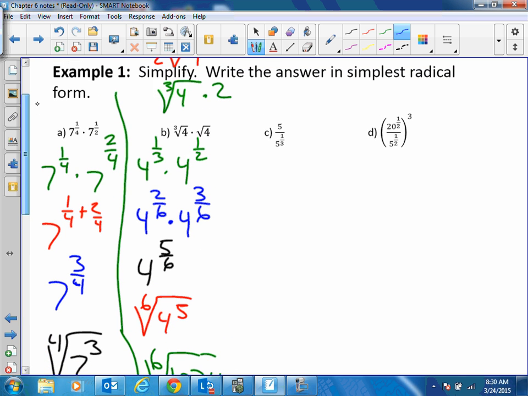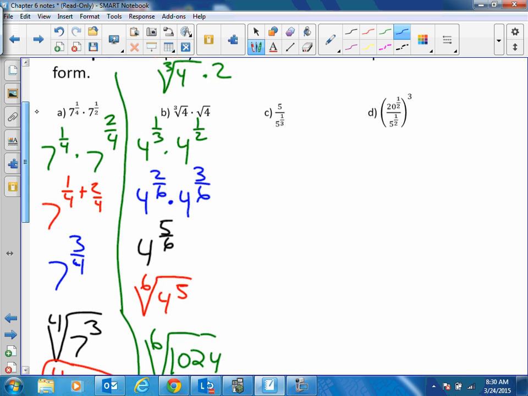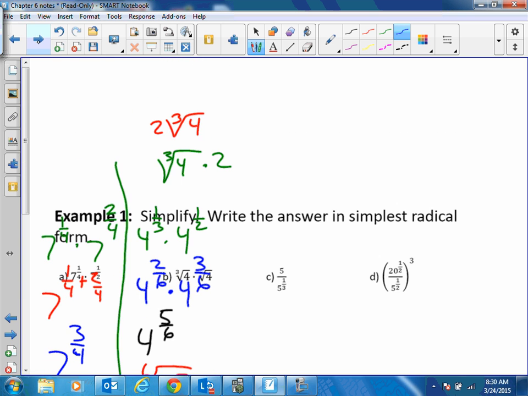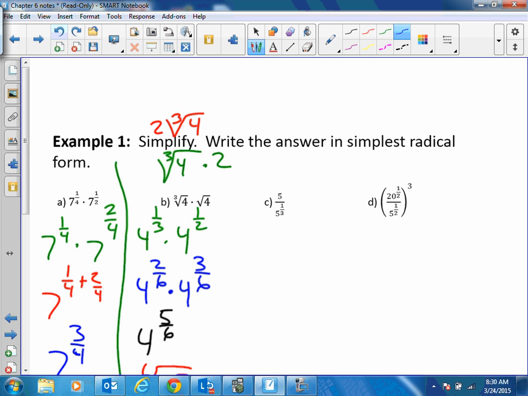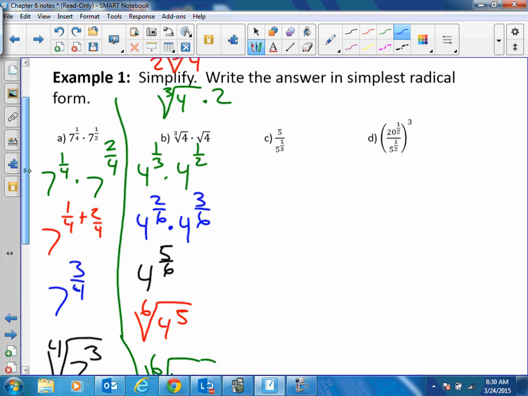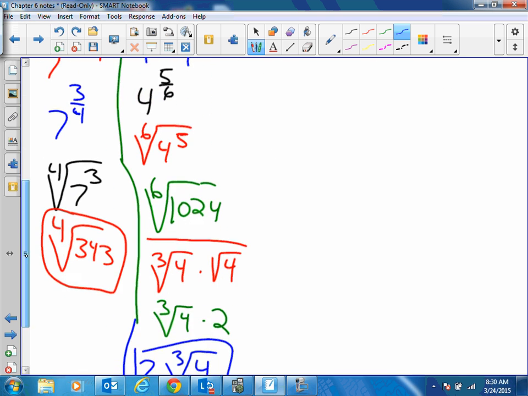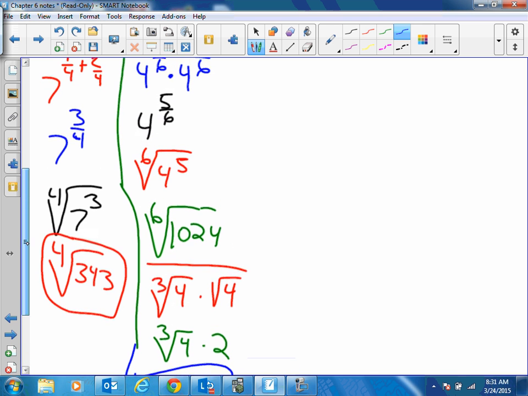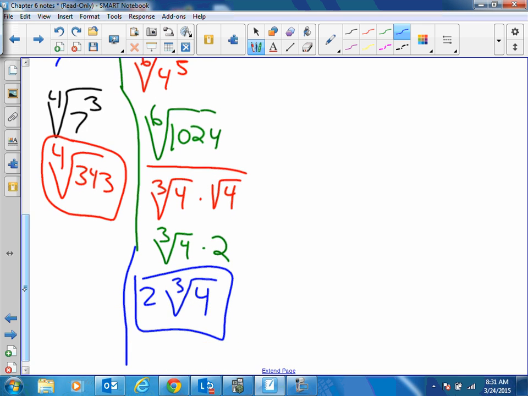If not, then keep going. On A, you cannot simplify 7 to the 1/2 or 7 to the 1/4. But on this one, you can simplify the square root of 4. So let's write it as 2 cube root of 4 instead of the 6th root of 1024. I would accept either answer on this one.